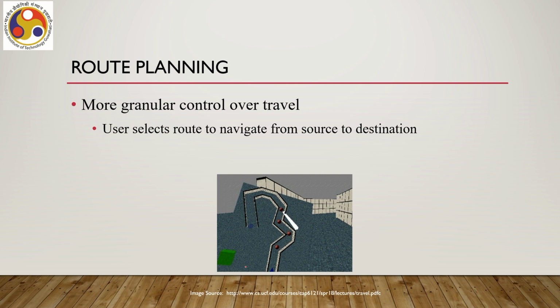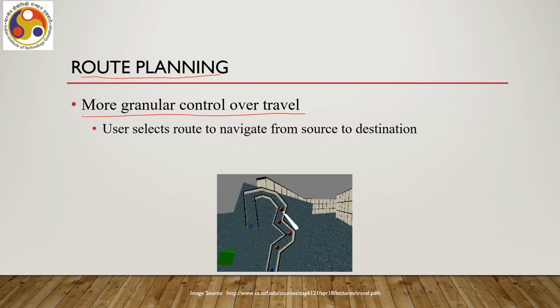The next type of technique is route planning. This is also another type of selection based locomotion. However, in this case it is not that only the end is selected. It can provide more granular control over travel, unlike teleportation or target based locomotion, where only the end point is selected and we instantly move there. In route planning, instead of the target, we select a route that takes us to the target.